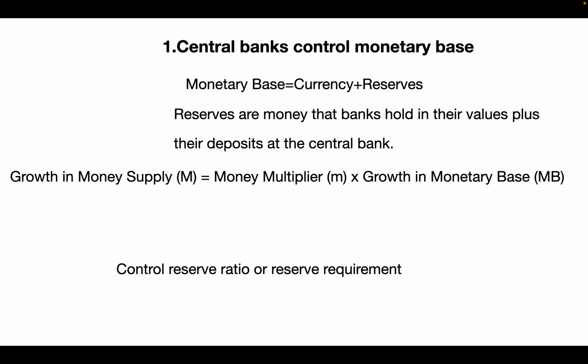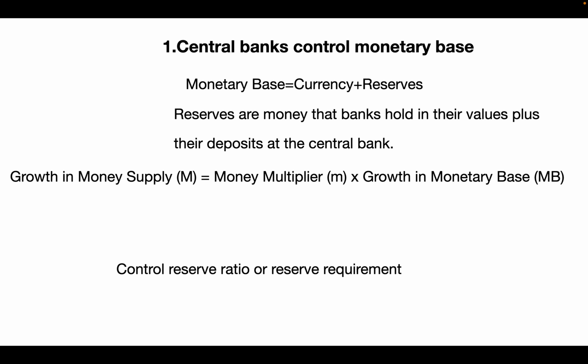After that, we have another formula, which is growth in money supply equals the money multiplier times growth in monetary base. In that case, the money multiplier is how much the money supply increases when the monetary base increases by $1.